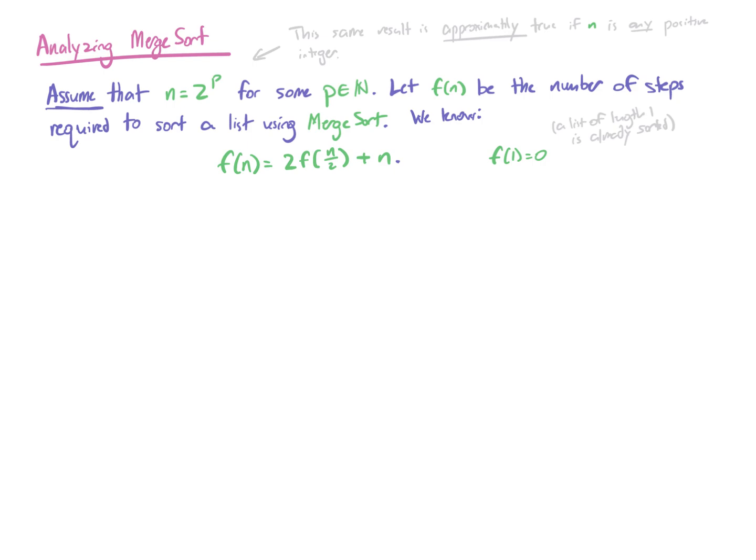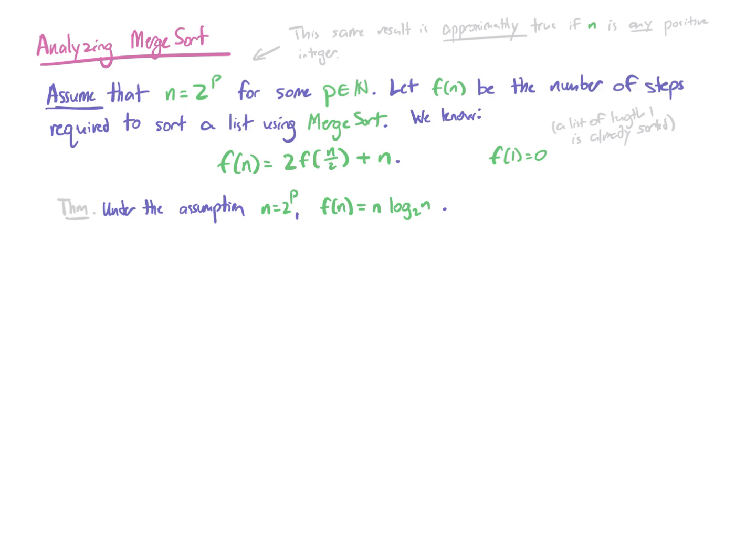So our theorem describing the runtime of merge sort is that under the assumption n is equal to 2 raised to the power p, it holds that f of n is equal to n times log base 2 of n.